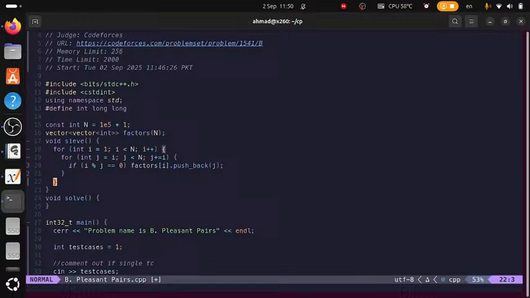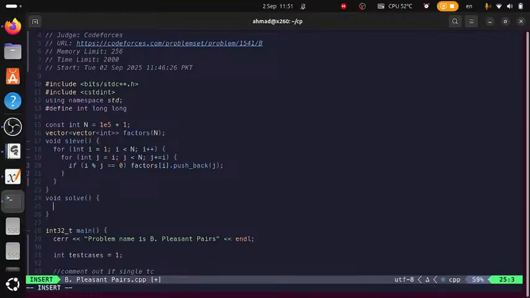Once we do this, we have all those factors. Once you build those factors, this is going to be in n log n, right?